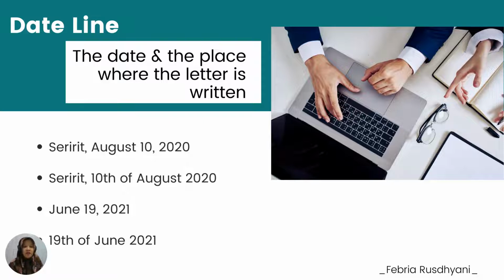It is the same also, for example, June 19, 2021 or 19th of June 2021. Here in the deadline, you can put the complete one, the name of the place where you write the letter and also the date, or you can just write down the date when you write the letter.